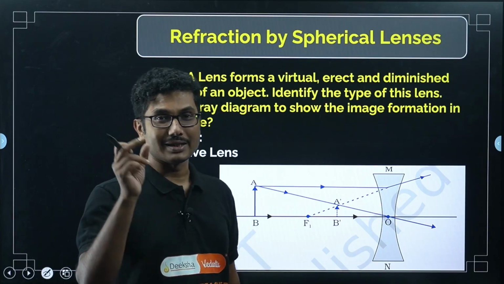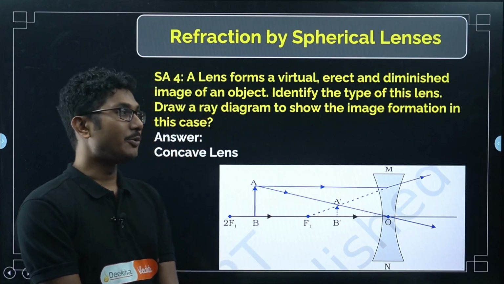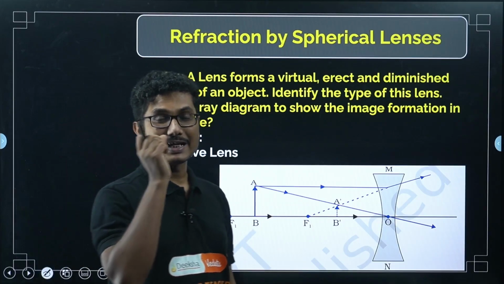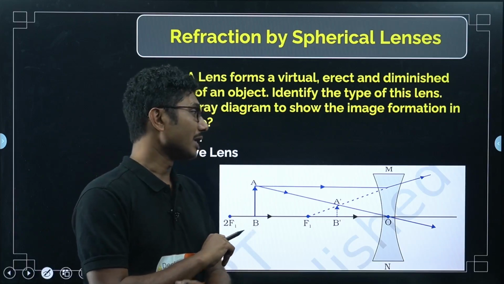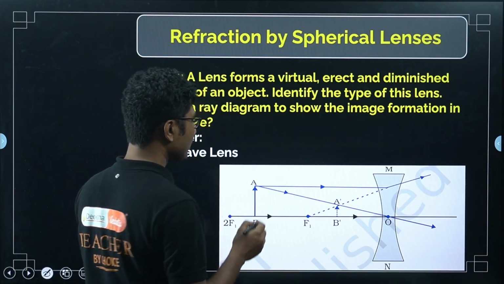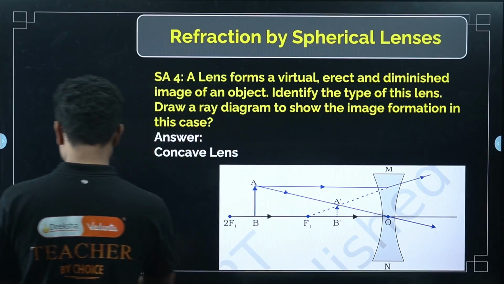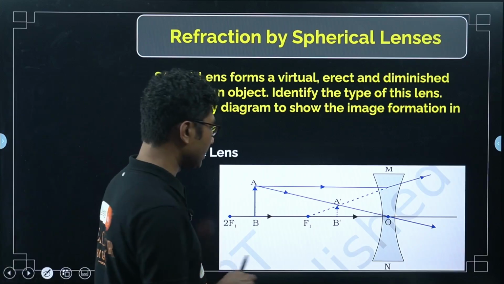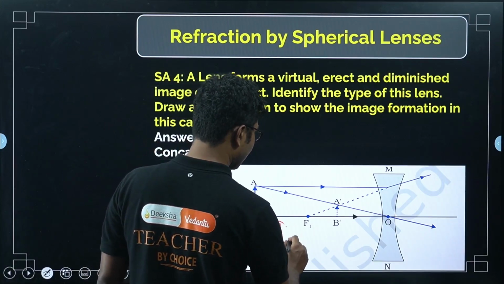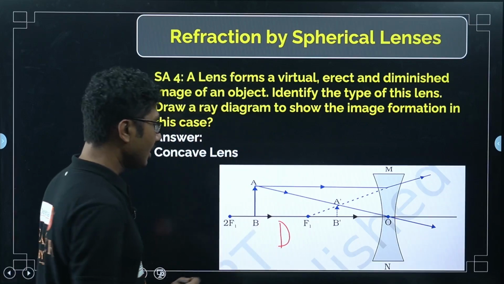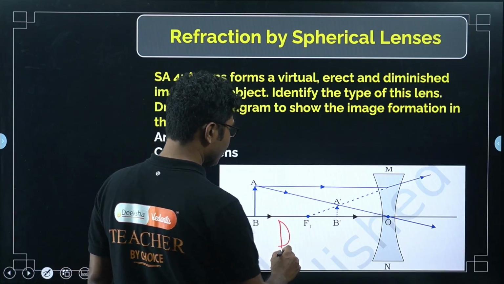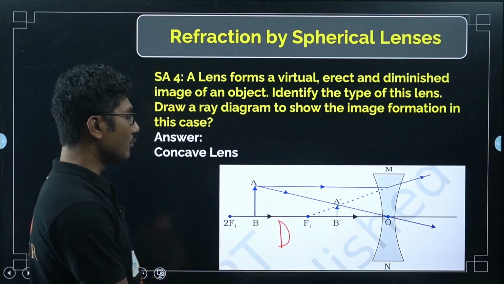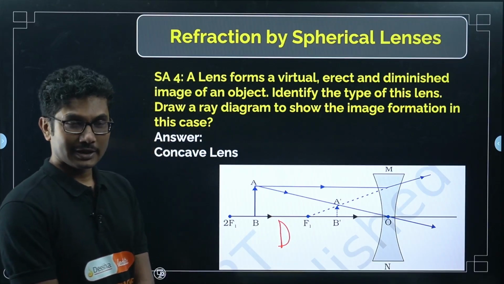There are certain shapes available in your geometry box. Nowadays different scales come with different shapes. You can use that, or the simplest thing you can use is your D, the one you use to measure angles. I don't know what you call it. We used to call it D. If you call it anything else, you can mention that in the comment below.